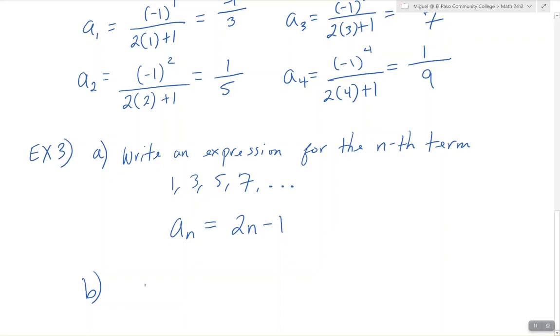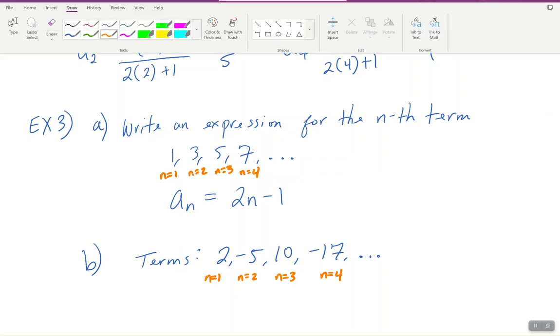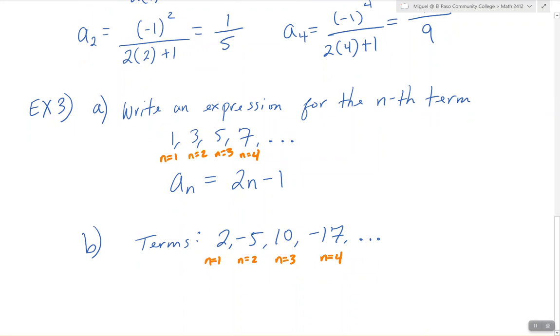2, negative 5, 10, negative 17. Okay. We've got to get 2, negative 5 for the second term, positive 10 for the third term, and negative 17 for the fourth term.